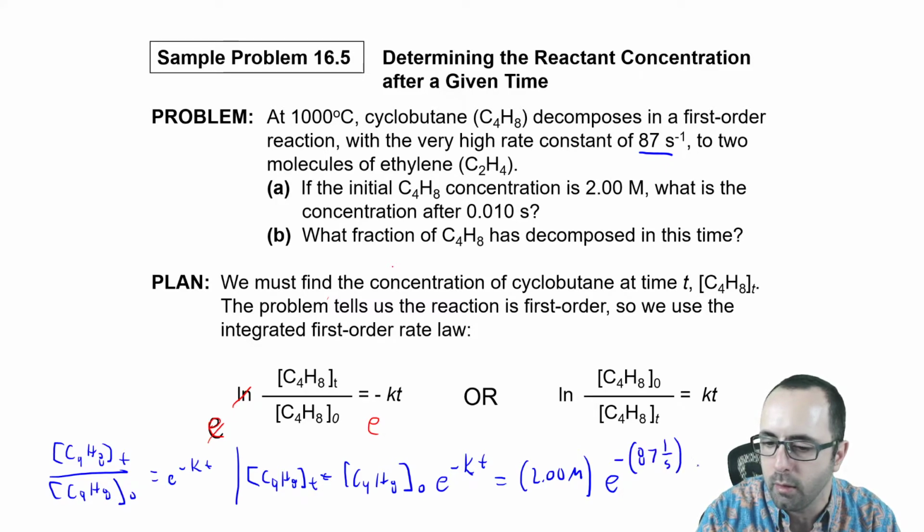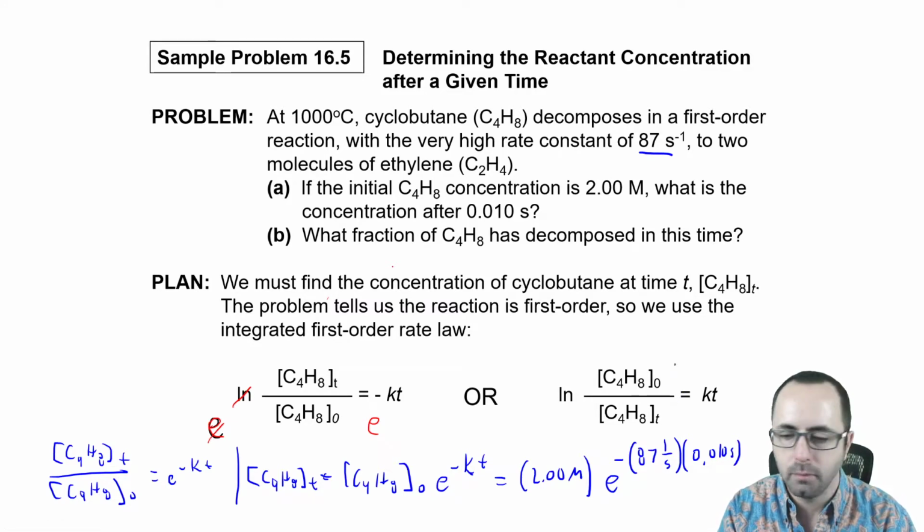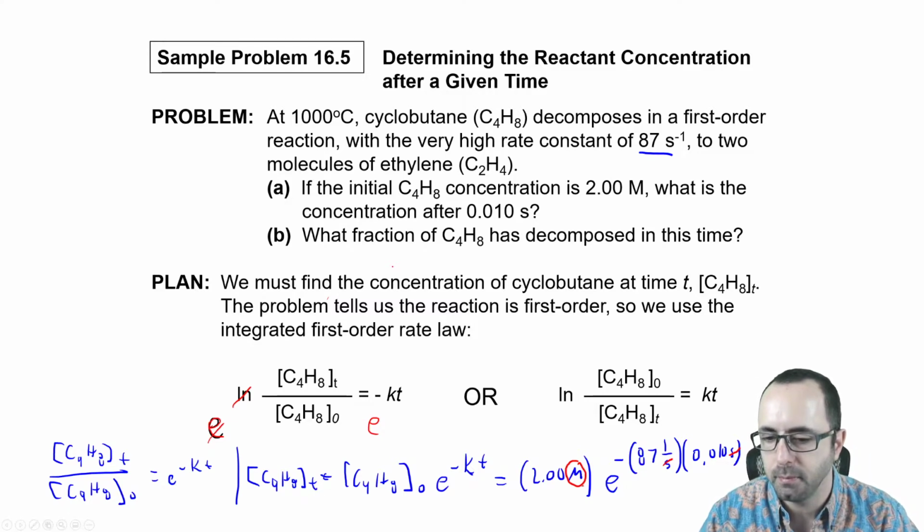I can write it that way too, either way. And then t was 0.01 seconds. Okay, and so you can see now that the seconds are going to cancel, second divided by second, so there'll be no units in the top. Your units here will be molarities.